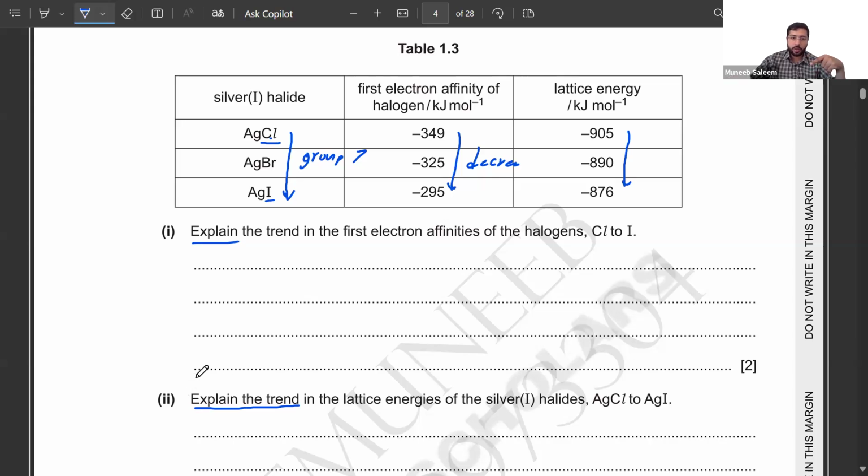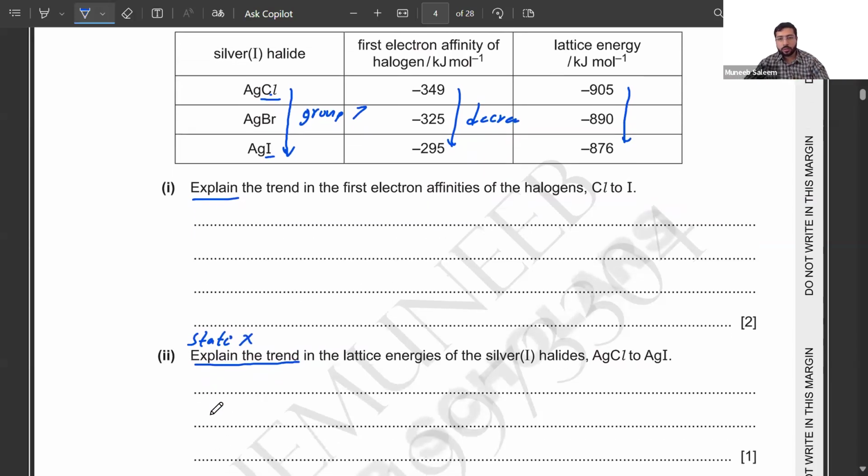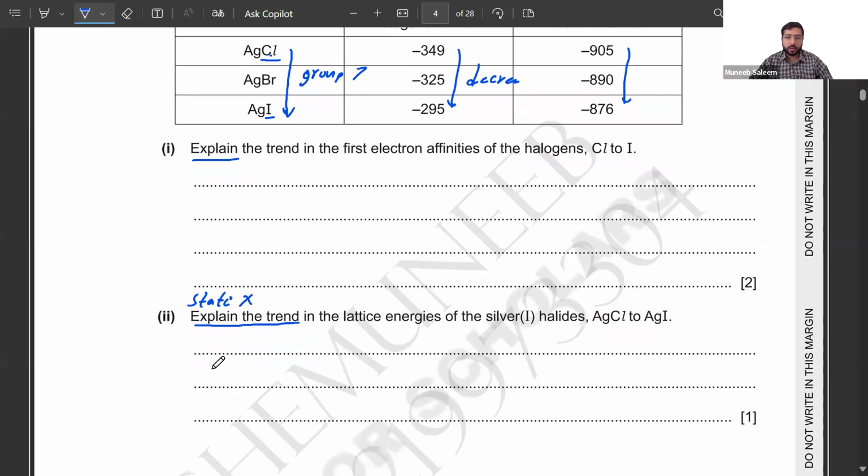They are not requiring you to state, because stating means you will just write that the lattice enthalpy or lattice energy is decreasing down the group. No, do not write this in your answer. You have to explain why.